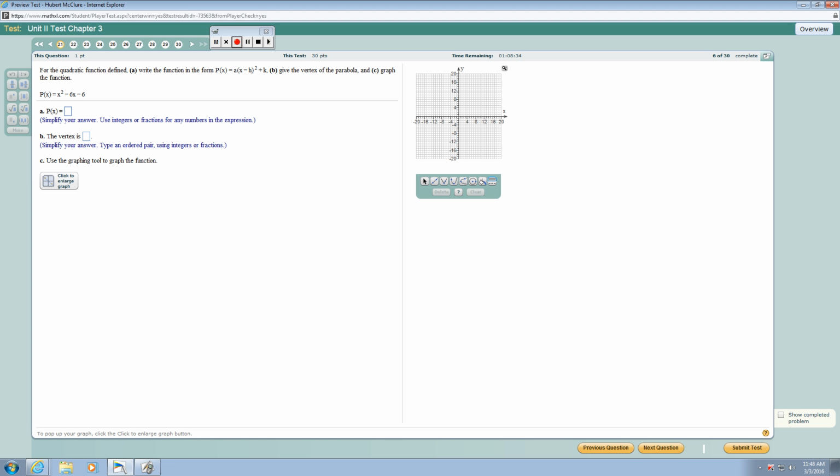We have a y-intercept of 0, negative 6, right? And then the square root of 16 is 4. So I bet the square root of 15 is 3.9.